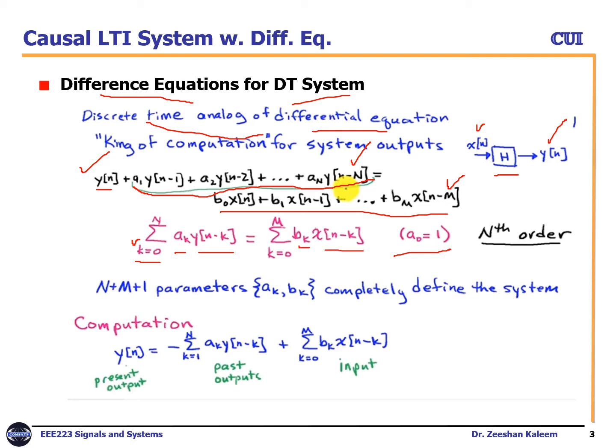So this is our input, and this is the combination of outputs, right, with some delay as well. So this is Nth order. So N plus M plus 1 parameters, because there are M terms, N terms, and plus 1 term. Which is the plus 1 term? The 0 term is plus 1, right?